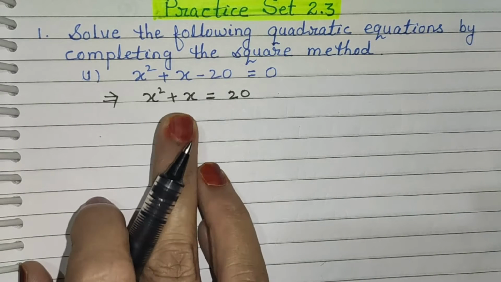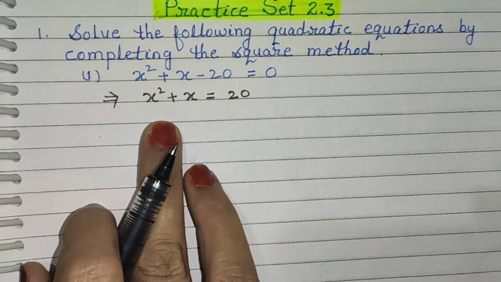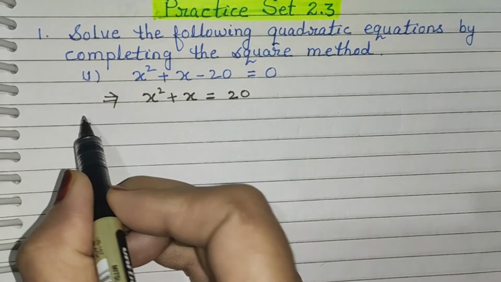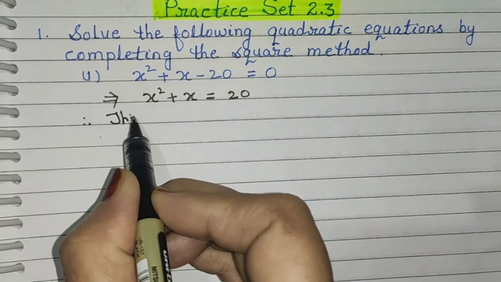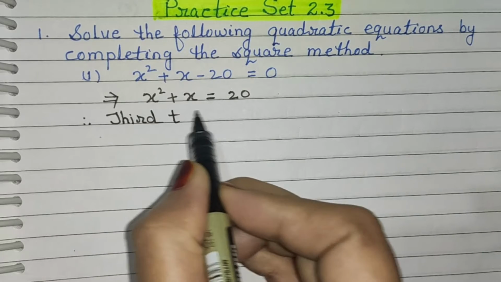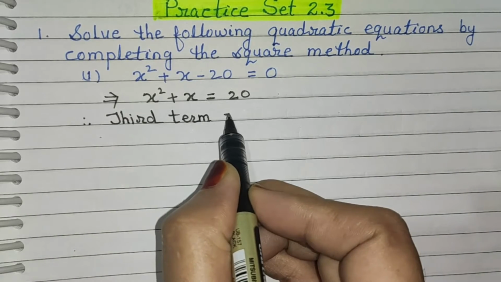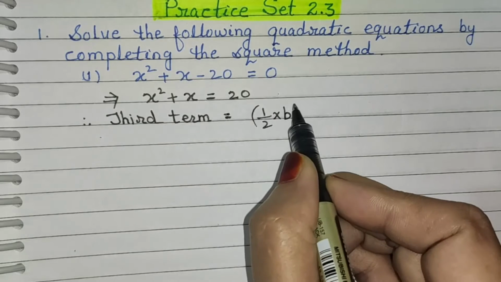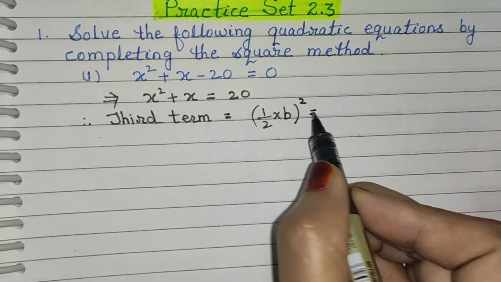Now we make left hand side a perfect square by adding third term. Therefore, find out third term is equal to 1 upon 2 into b, coefficient of x whole square.